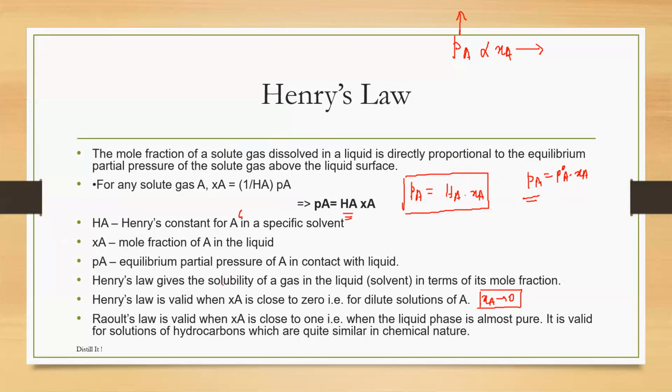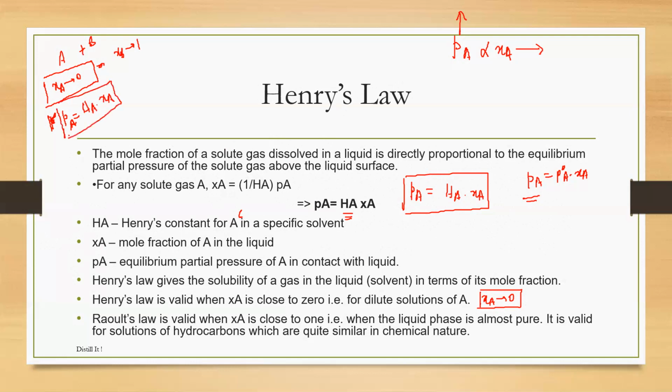So that also means that if we have a mixture of A and B, and XA tends to 0, that means XB tends to 1. XB is very close to 1. So when XA tends to 0, it is a highly dilute solution, and Henry's law would explain PA is equal to HA into XA.